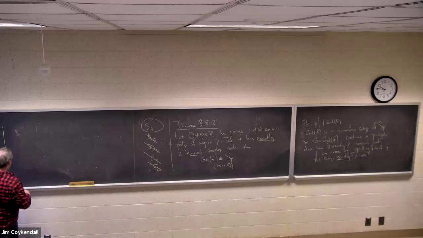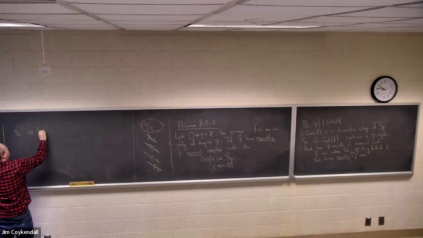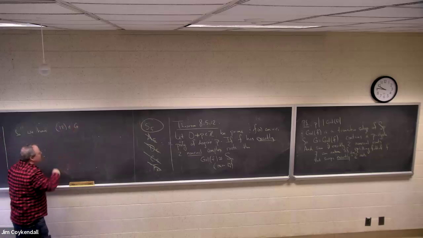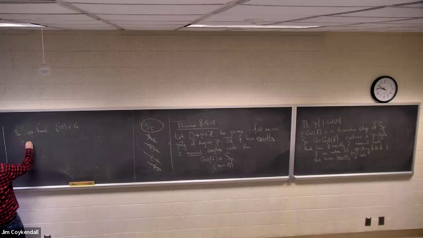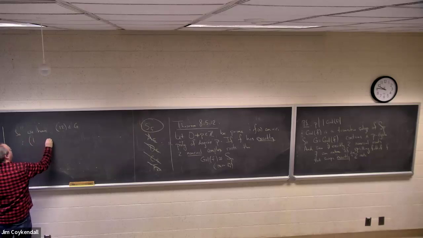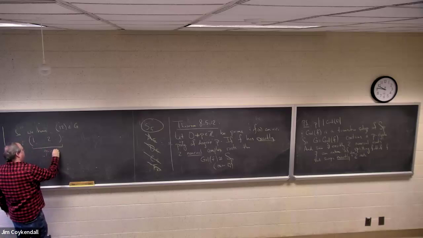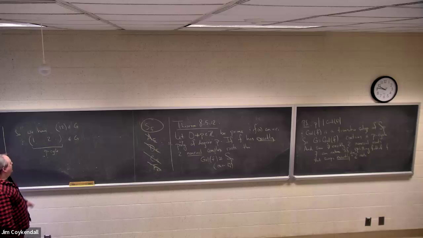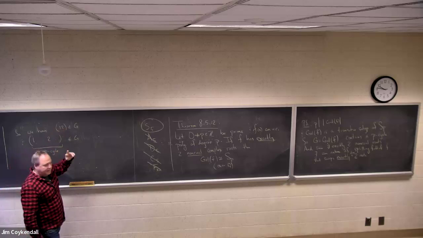So we have the transposition (1 2) in G. And we'll say that 1 and 2, 1 denotes one of our non-real complex roots and 2 is the other one.